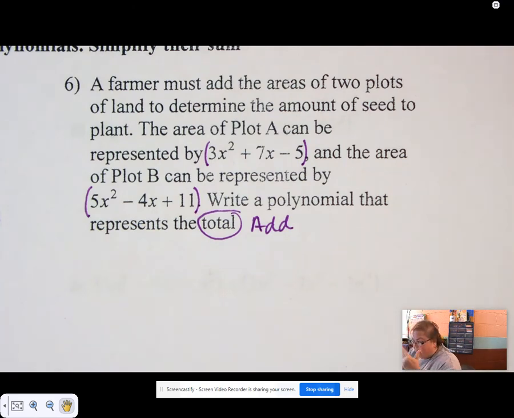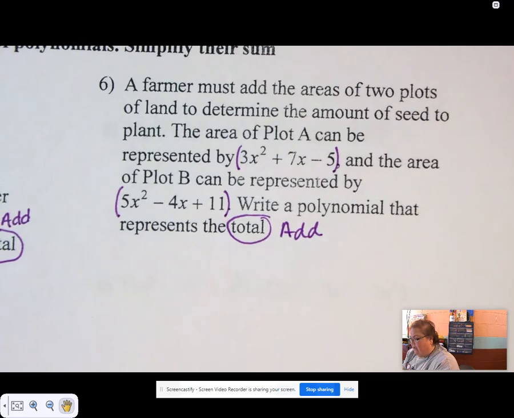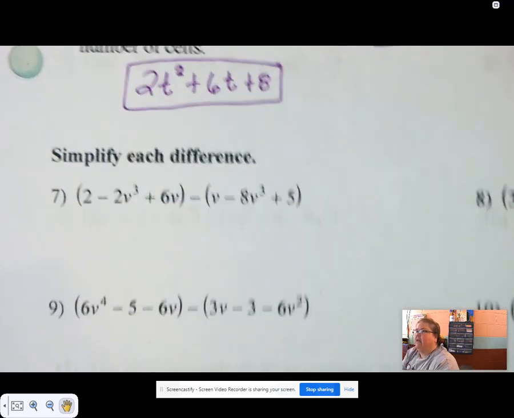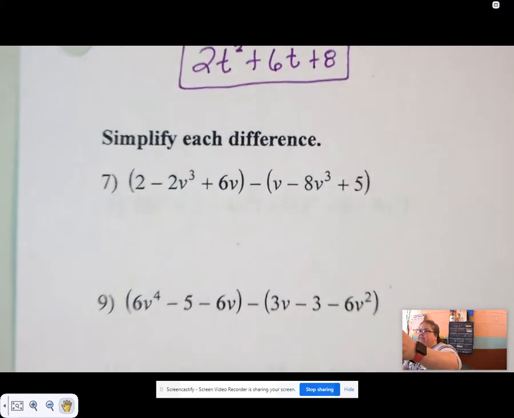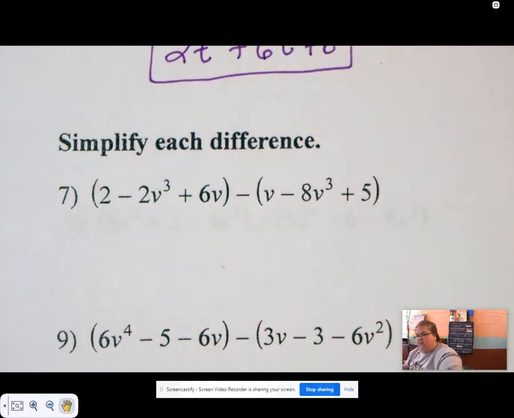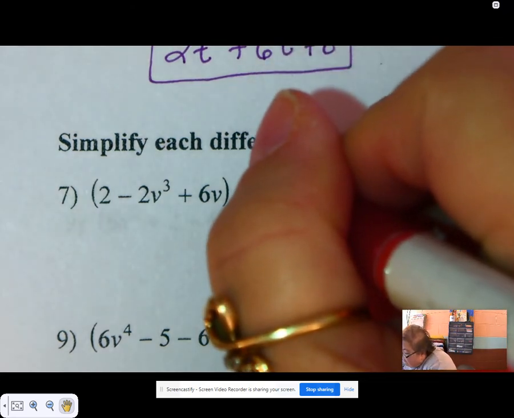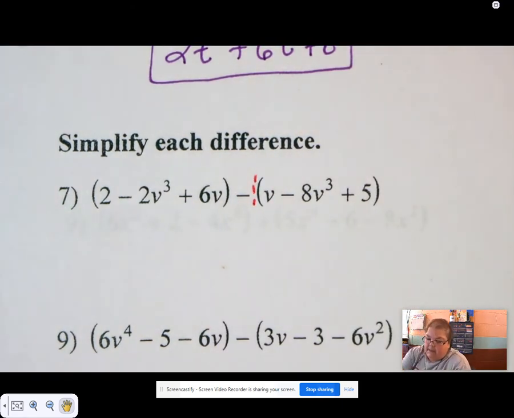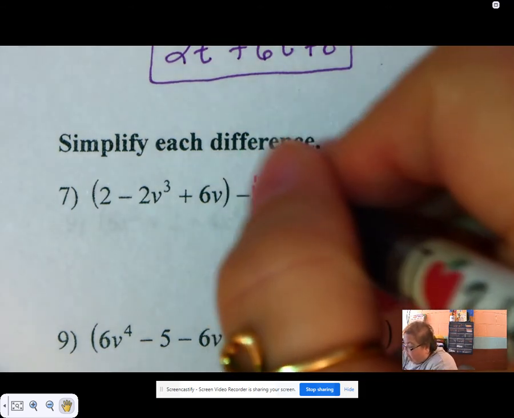So we are going to go down to example number 7 and look at that one. To begin with, let's do like we did with our first example number 1. This would be an invisible 1 right there, right? And I would distribute the negative 1.